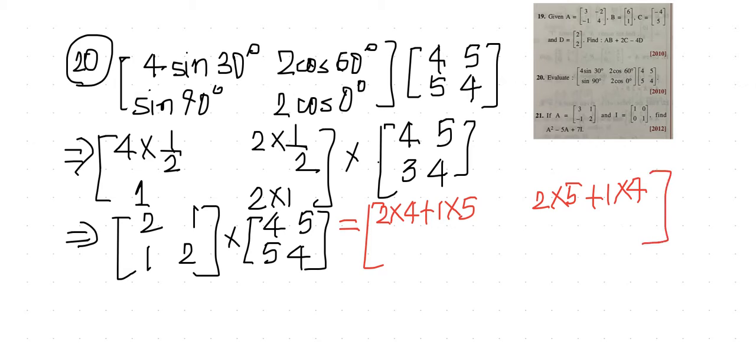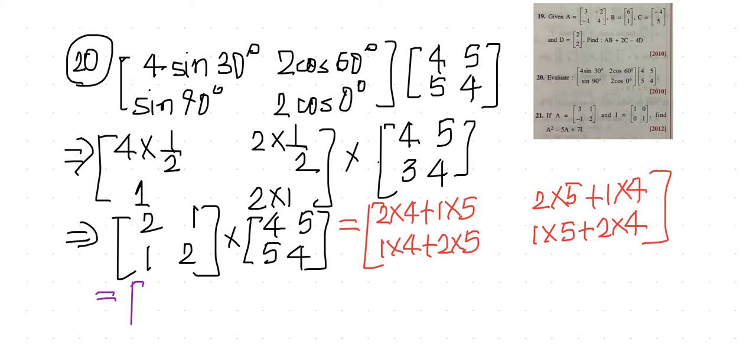Okay, what about the second row part? 1 into 4 plus 2 into 5. And here 1 into 5 plus 2 into 4. So write down how much is this equal to, children.